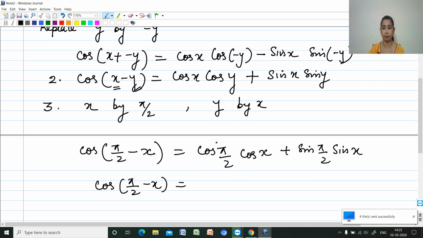So I am substituting, instead of x I am putting pi by 2 minus x. So replace x by pi by 2 minus x.